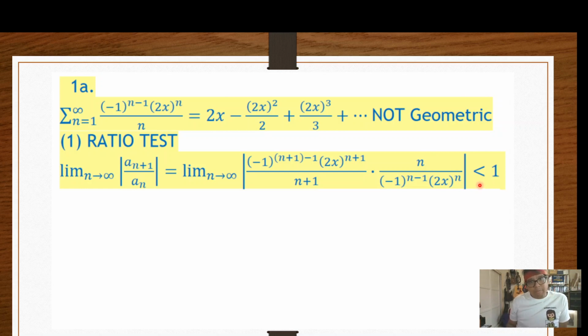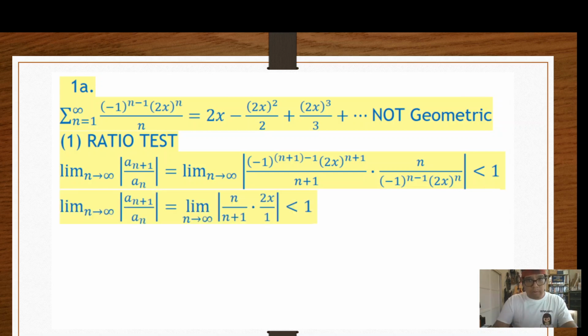I always like to force this to be less than 1 in these situations because I want to know for what values of x that ratio becomes less than 1. Over here I've left that the way it is. That's just the actual ratio test mechanics.